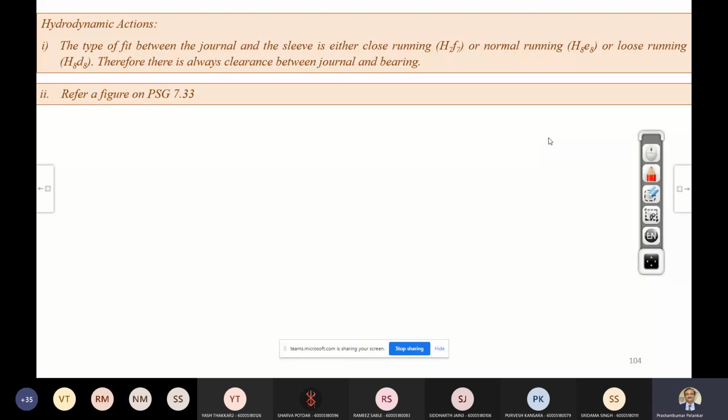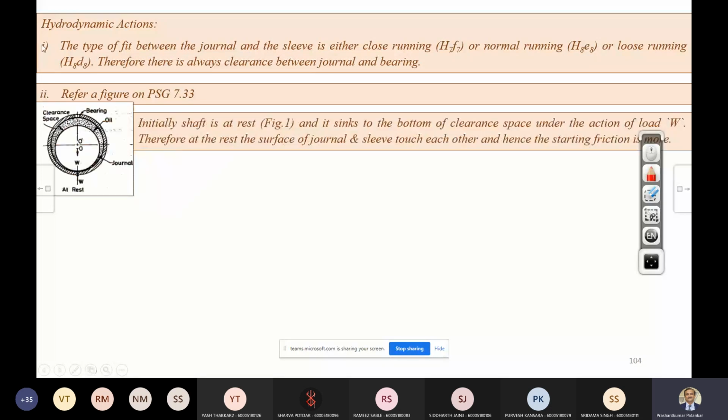This particular slide is talking about hydrodynamic action. I have already spoken about that. For those who have not attended my previous lecture, let me tell you what this figure is showing. This is the radial load coming over here, which is your load W, and the outer one is your bush.